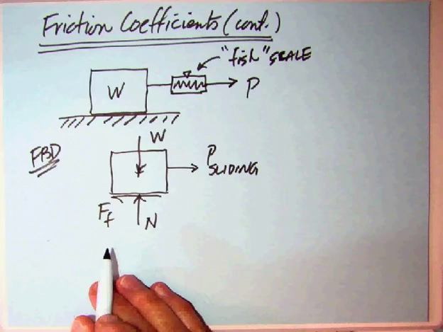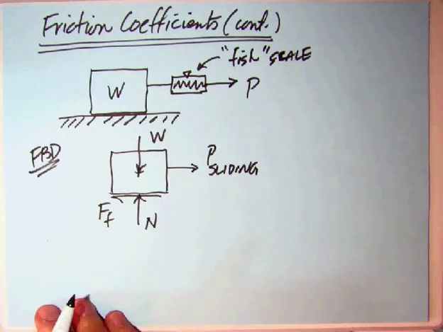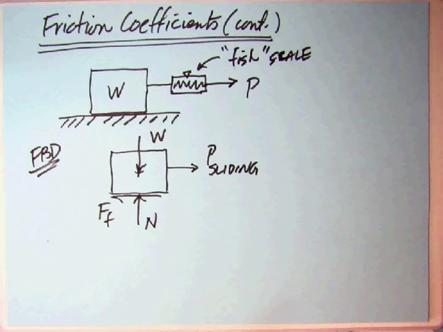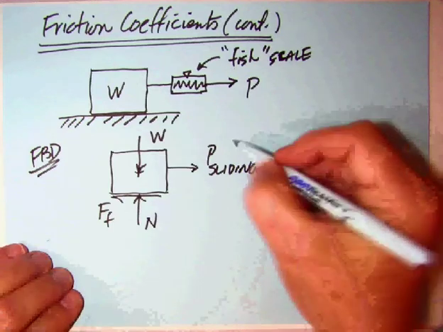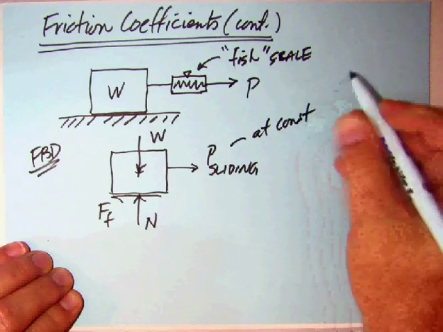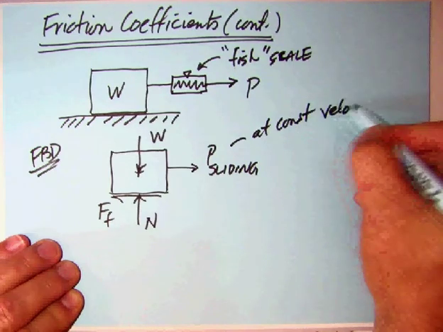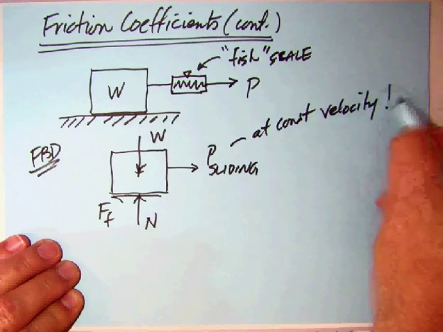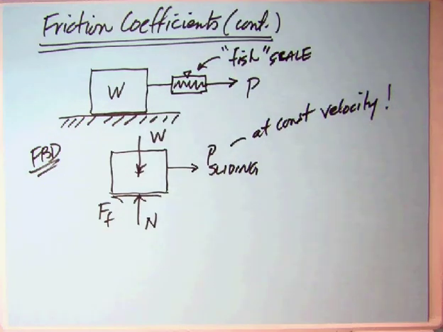Okay, again, to save YouTube time, here's the free body diagram with the four forces acting on it. But in this case, the block is sliding along at a constant velocity. Very important here when we get ready to do our equation. Constant velocity, and you're reading that number, and we know what that is. Well, let's look at the equations.